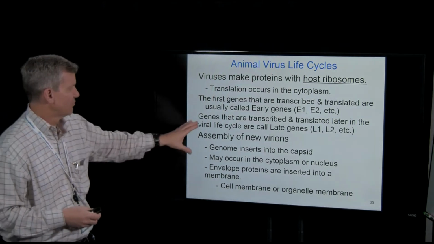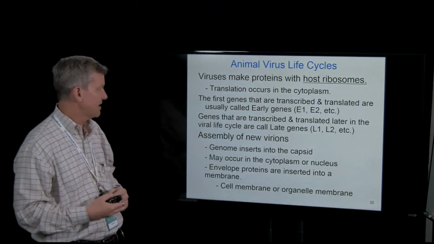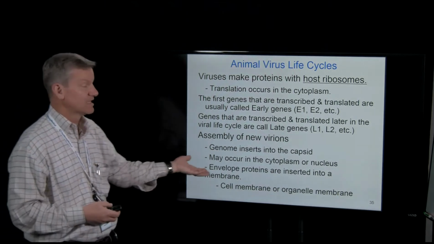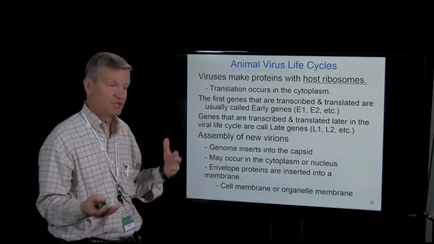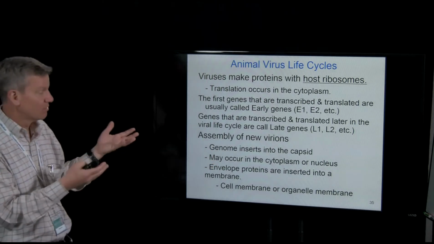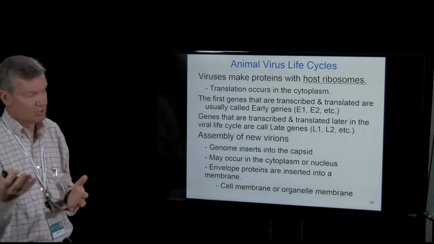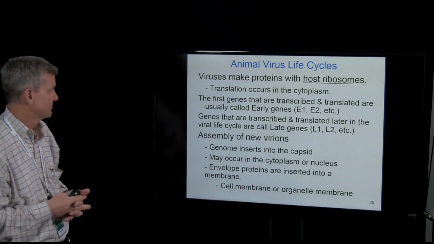So you already know when a virion assembles, the genome inserts into the capsid, and this will be either in the cytoplasm or the nucleus, depending on whether it's a virus that replicates in the nucleus, like papillomavirus, or whether it replicates in the cytoplasm, like poliovirus or hepatitis A virus.